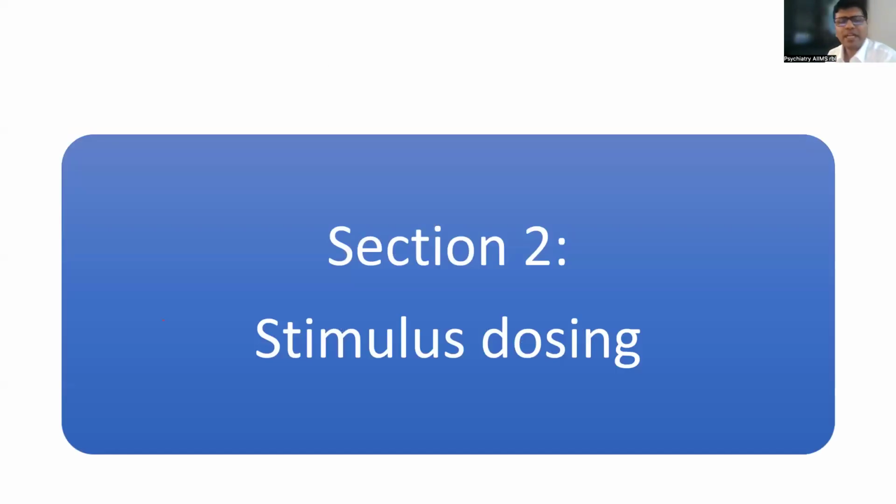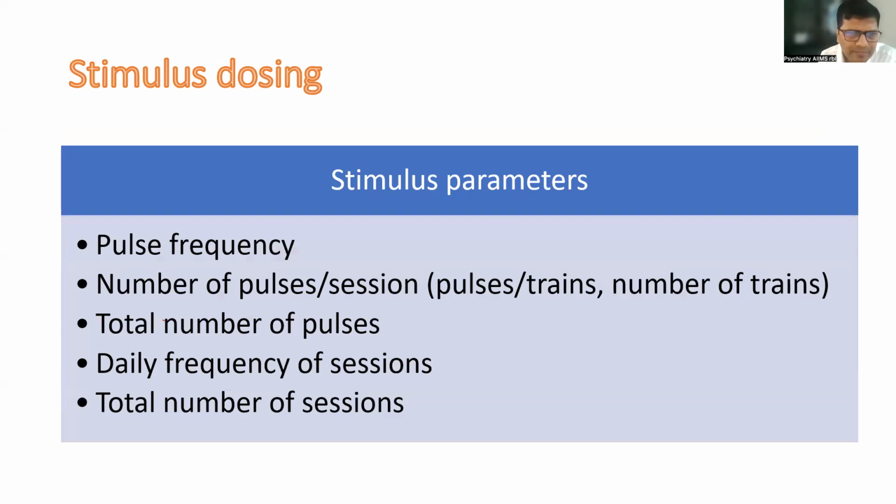Now we'll be talking about, after selection of the patient, how to decide the stimulus dosing for different psychiatric conditions. The stimulus parameters particularly depend upon what the pulse is, what the frequency is, the number of pulses per session, what the train is, the total number of pulses, the daily frequency of sessions, how many sessions you give in a day, and how many total sessions you give at a go.